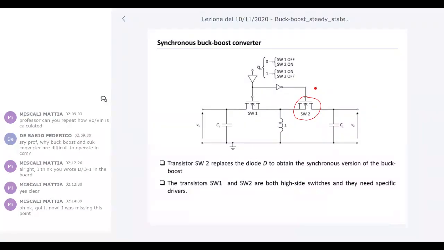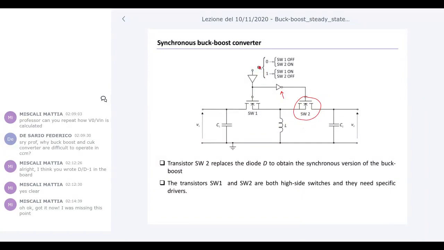Of course, in order to be coherent with the operation of the standard MOSFET and diode buck-boost, we have to operate the two switches in a complementary way. When switch 1 is closed, switch 2 should be open, and the opposite is also true. That means that my driver should have a connection to switch 1, but also a connection to switch 2 by means of a logical NOT gate, okay, which inverts the control signal in order to make the complementary action possible.